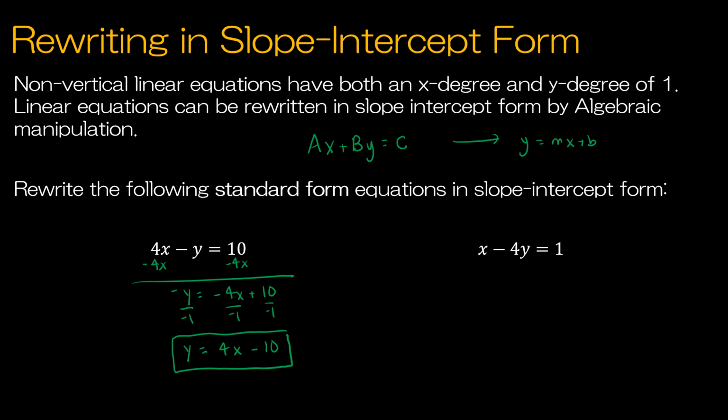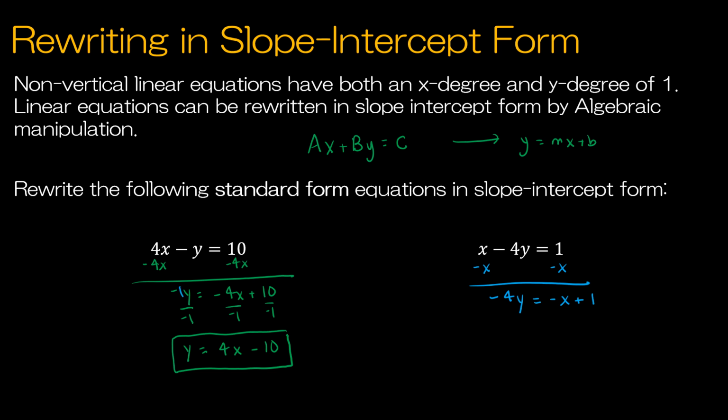If you're feeling up to it, go ahead and try the second one. If not, I'm going to go ahead and get started. Again, I'm going to start by subtracting the x from each side. That would leave me with -4y is equal to -x, and again that's a positive one, so plus 1. In this case, I don't want to divide by -1 like I did last time.